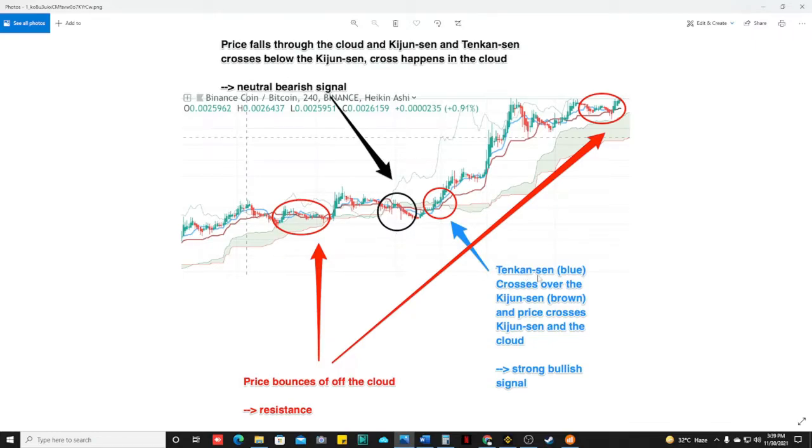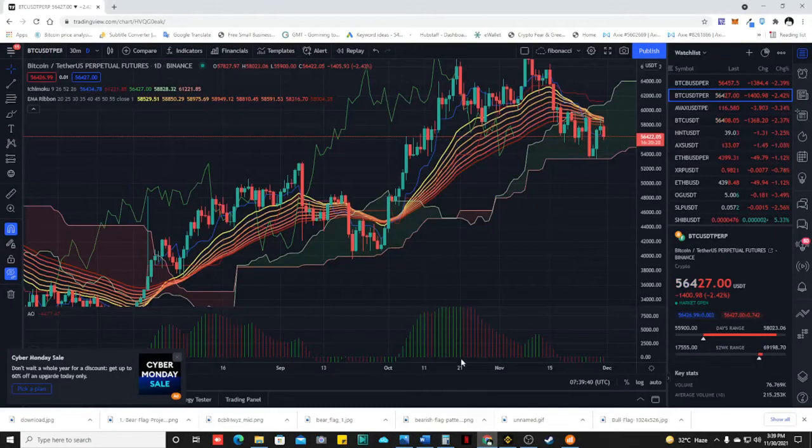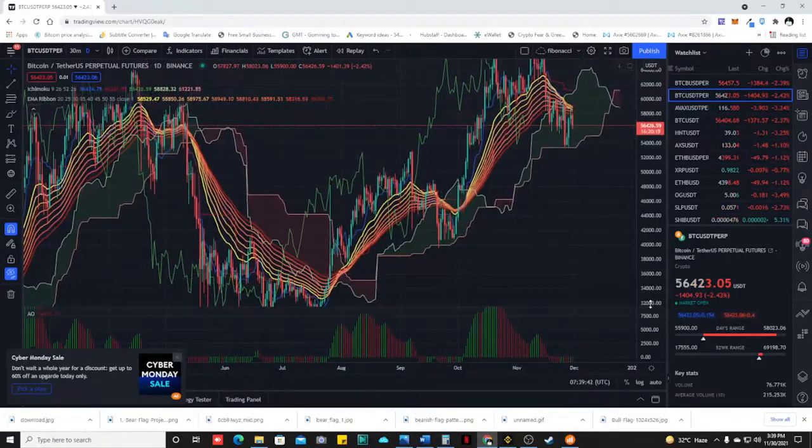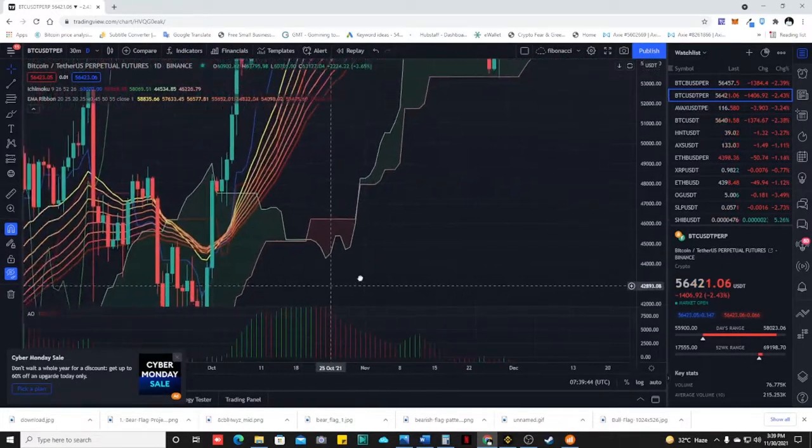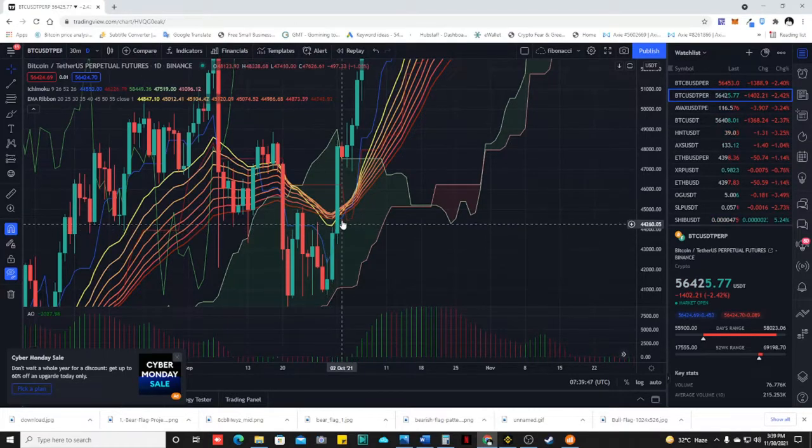So Tenkan-sen, blue, crossover the Kijun-sen, brown, and price crosses the Kijun-sen and the cloud: strong bullish sign. If you see the blue line cross the red line, and then cross the cloud, it's a strong bullish sign. Let's look at our chart here. Here is the blue line. It crosses the red line. Here, it crosses the red line again.